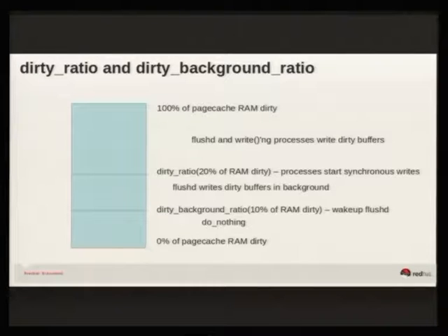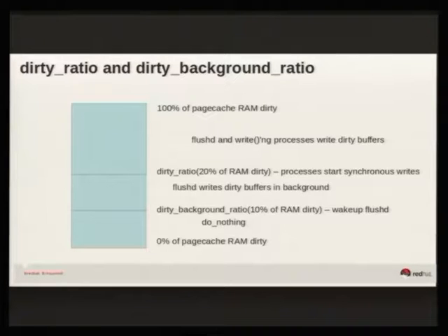At the same time this is happening, by the way, the old equivalent of the update daemon, which is controlled via a couple of other parameters, writes everything out that is some number of microseconds old, and it does it every certain number of microseconds. The defaults are like 30 seconds and 5 seconds. So anything that's 30 seconds old in the page cache gets written out by a different mechanism than these.